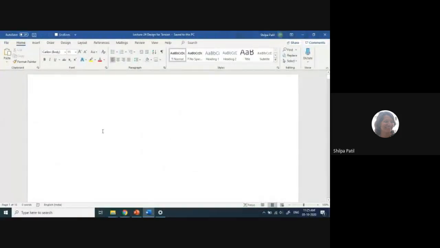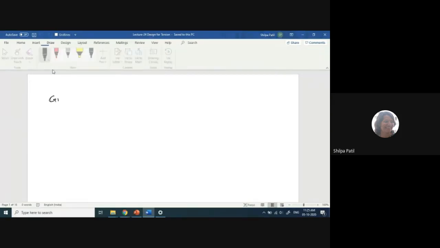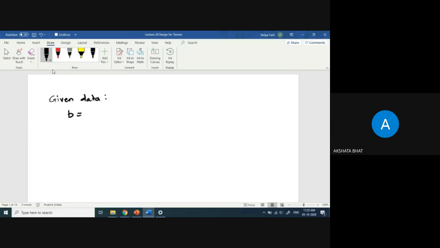So let me shift to the whiteboard. We will quickly write down the given data so that it becomes easy to solve the problem. So tell me what is the given data. Width of the section is 300 mm.